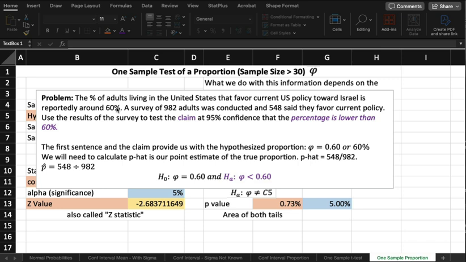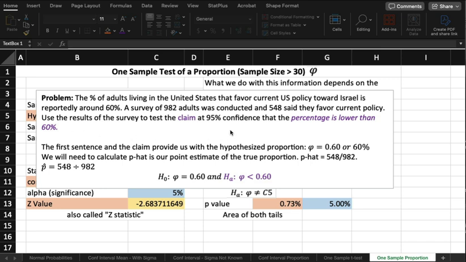The status quo is that 60% of adults living in the United States favor U.S. policy toward Israel. That's what is reported. But an even stronger clue is given in the last sentence, where it says, use the results of the survey to test the claim that the percentage is lower than 60%.